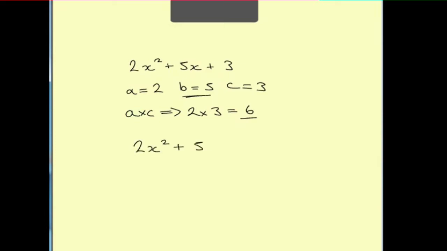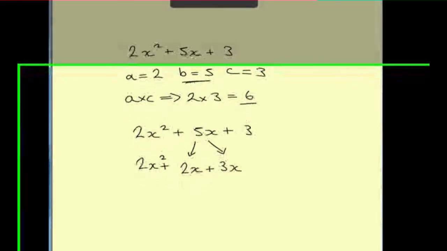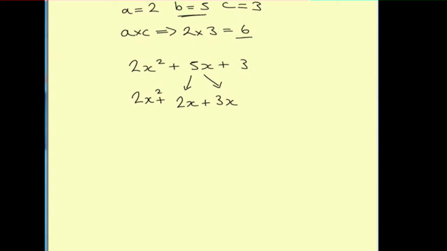Now what we do is we split up the 5x and make it the sum of these two numbers. So instead of saying 5x, we say 2x plus 3x. So don't forget to include the x there. It's not strictly just the numbers, it's the algebra as well.